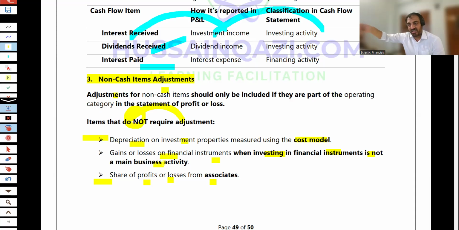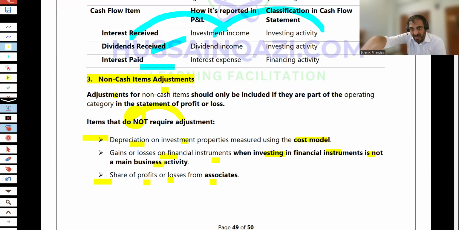The Department of Treasury invests in other company shares or bonds in the market and gets the returns, interest income or dividend income. That's automatically in P&L, parked to the investment category.